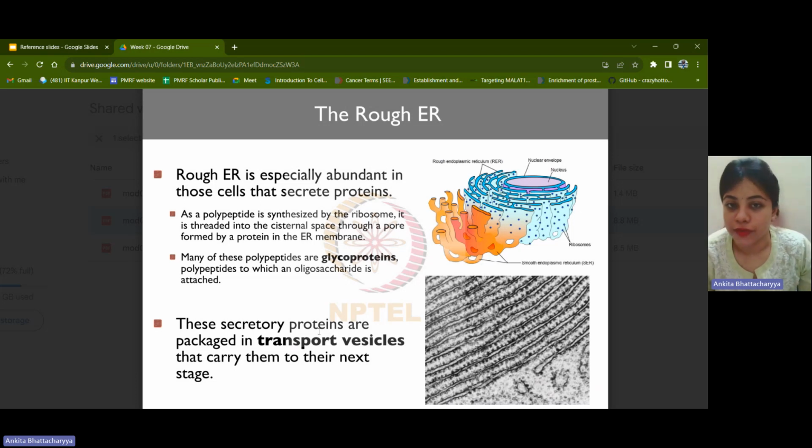Even though I do not have studies in mind that I have already read, you can come across these papers if that interests you. But there can be a difference in the percentage of the smooth and rough endoplasmic reticulum. And as a polypeptide is synthesized by the ribosome, it is threaded into the cisternal space through a pore formed by a protein in the ER membrane.